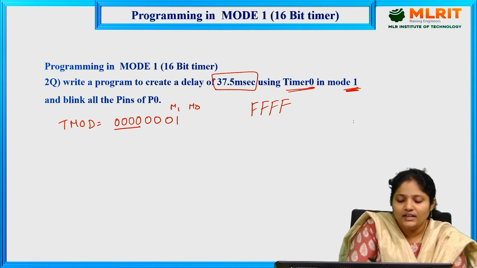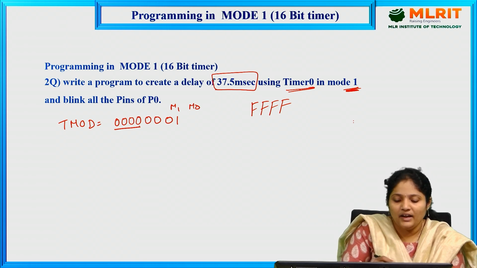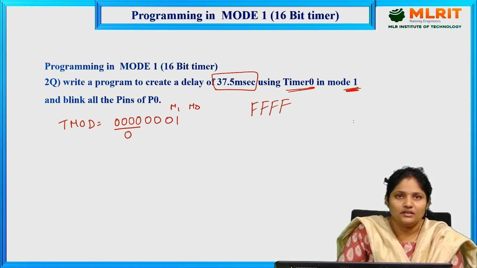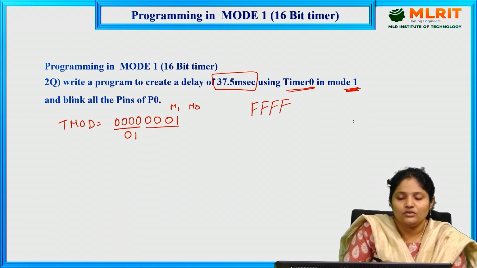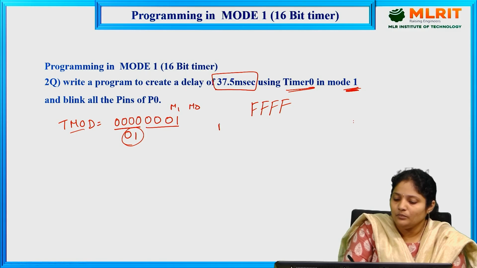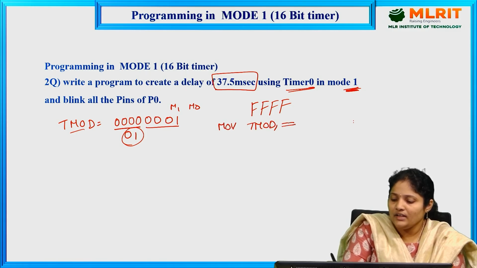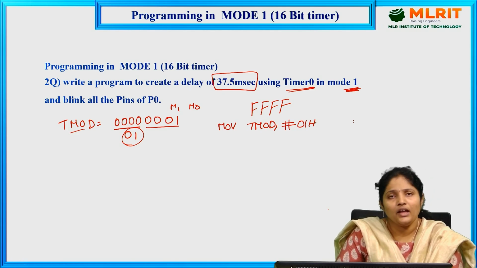What is the final hexadecimal equivalent of this binary? All zeros means 0, and this is 1. So in TMOD we need to load 01H: MOV TMOD, #01H. So now the first step has been done.